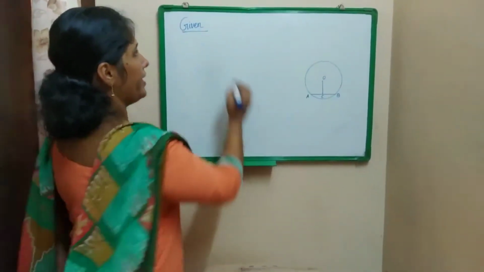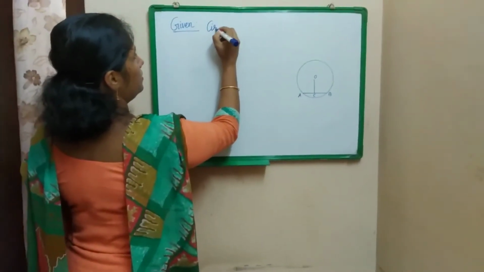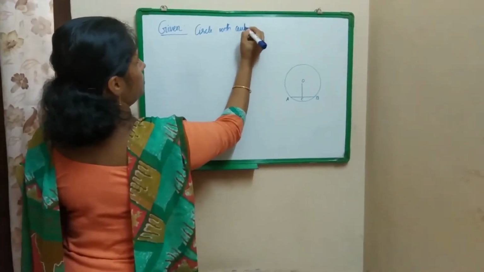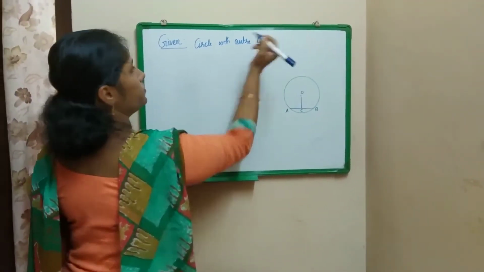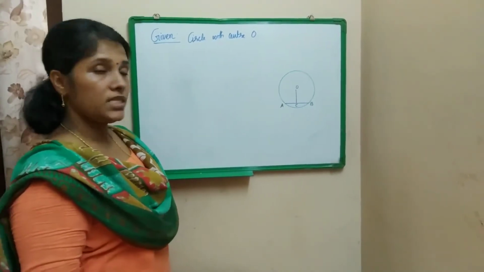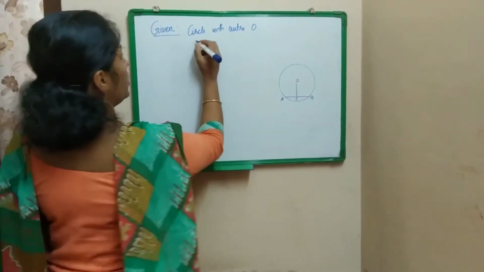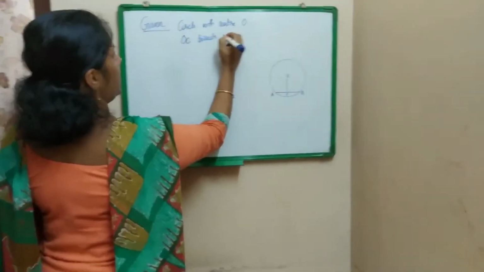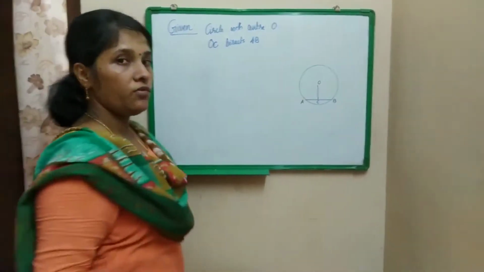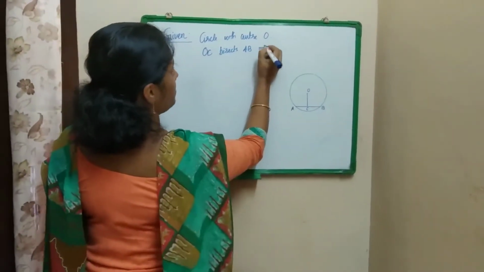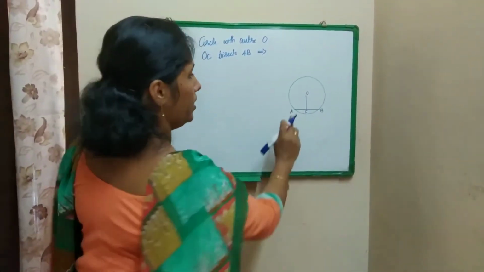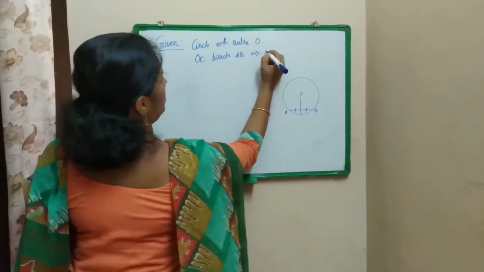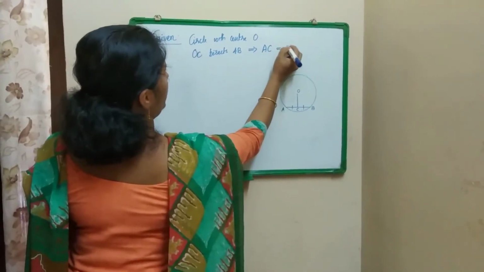So we are going to write: circle with center O and the chord AB, OC bisects AB. Then what we can say, bisect means it's dividing equally. Here AC and CB are equal. AC equal to CB.